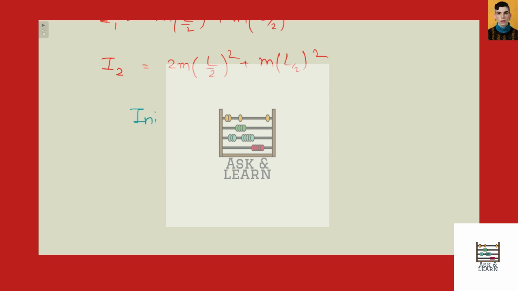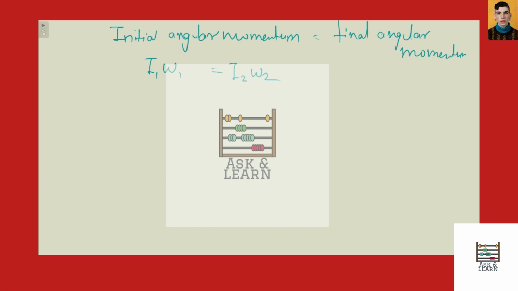So initial angular momentum is equal to final angular momentum. Initial angular momentum is given by I1 omega, and this is equal to I2 omega dash. Now put all the data in this equation.